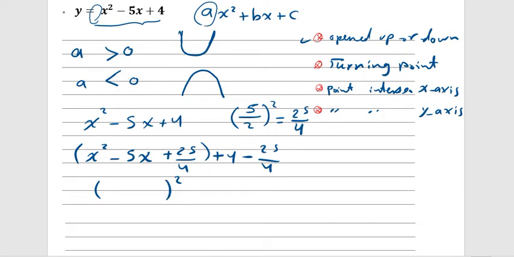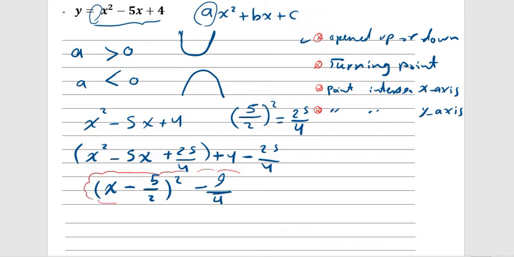The square root of the first one, x. The square root of the last one, 5 over 2. The middle sign will be the same, it's minus. Then we collect these 2 terms, 4 minus 25 over 4, which equals negative 9 over 4. This is the complete square form for the expression.